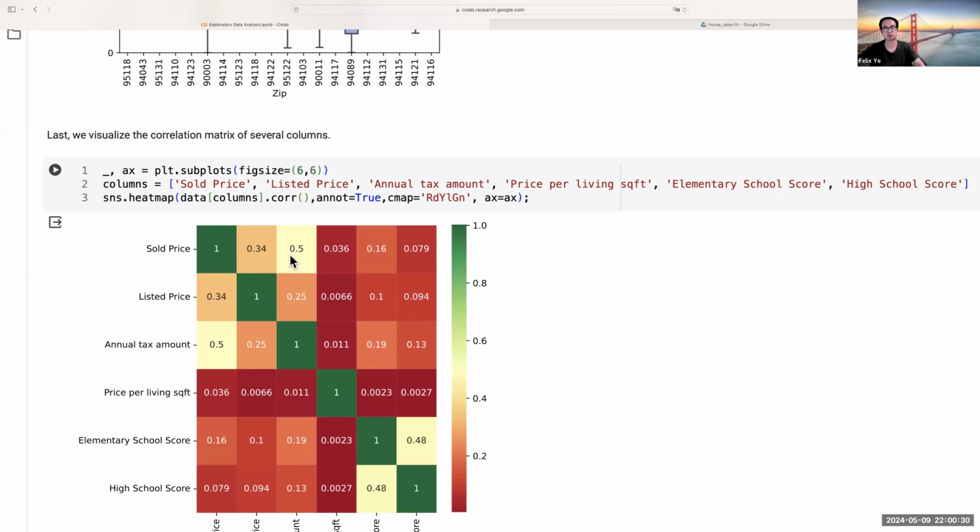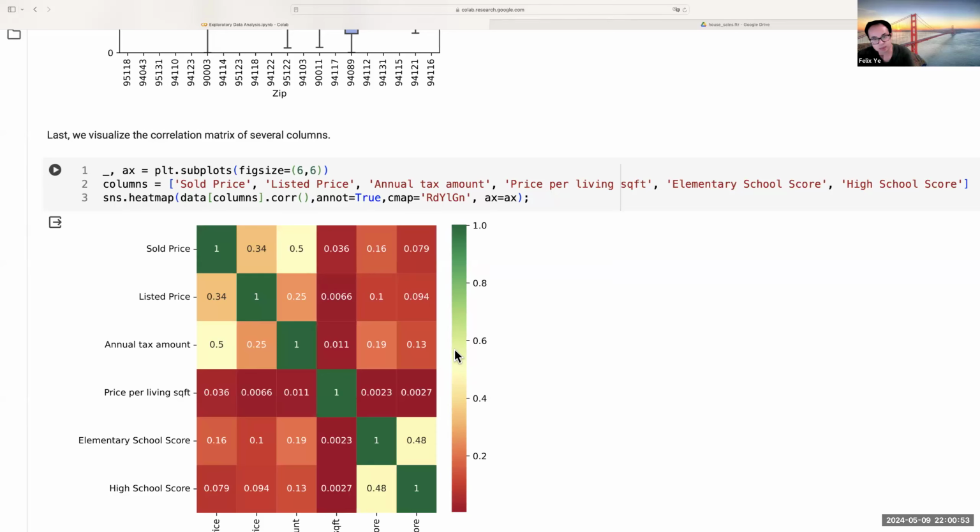That has a correlation of 0.5. So if you want to predict that, in fact, this has a better effect than the list price. The list price's correlation is only 0.34. However, the annual tax amount has 0.5 correlation to the sold price.